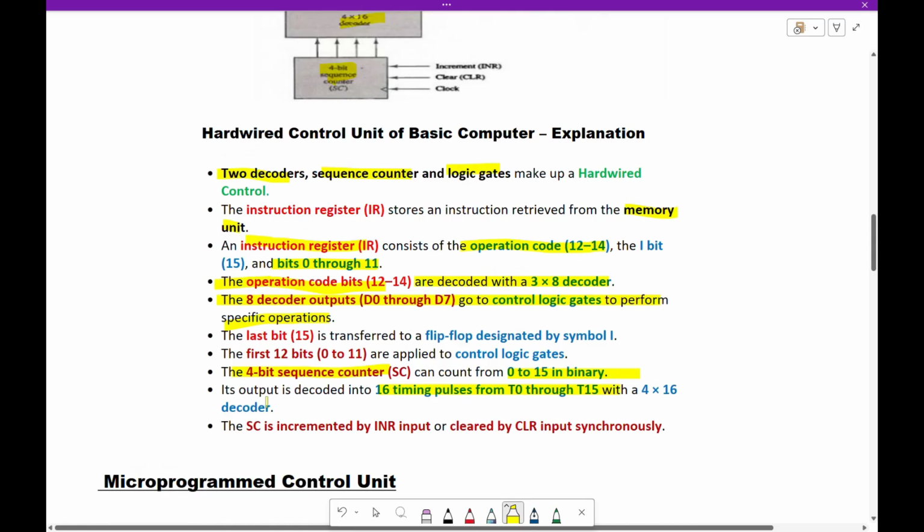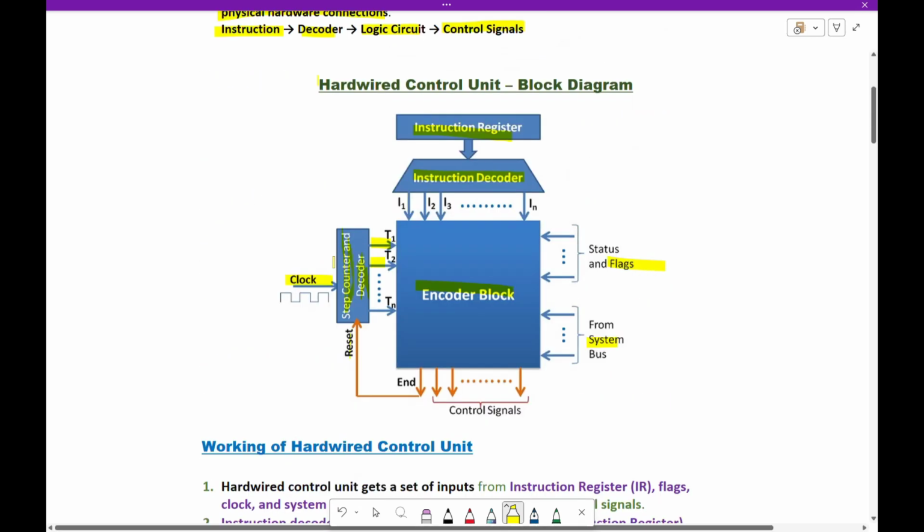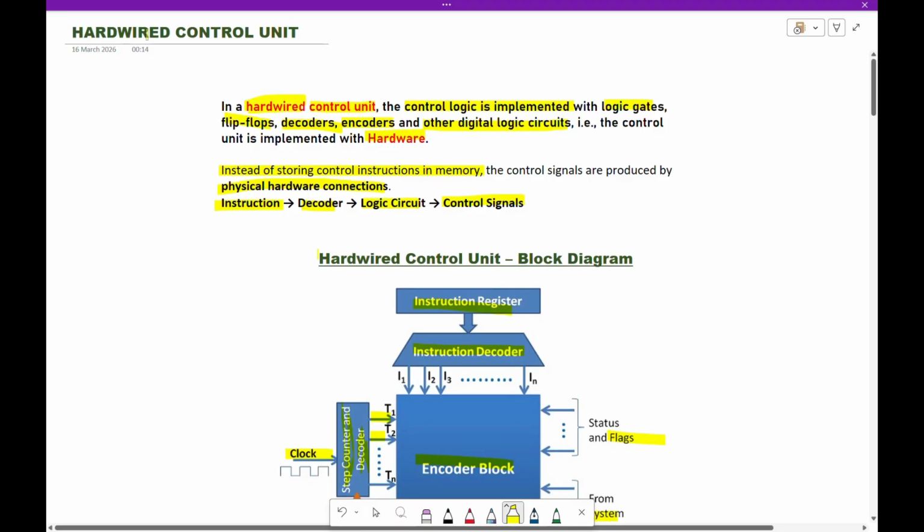The SC is incremented by the INR input or cleared by the CLR input. So execution repeats and repeats. That is all about the hardwired control unit.